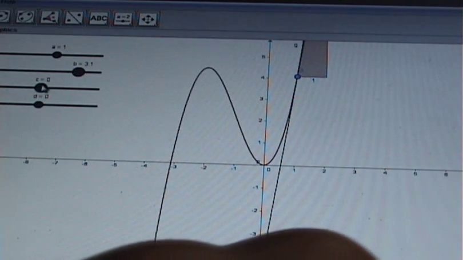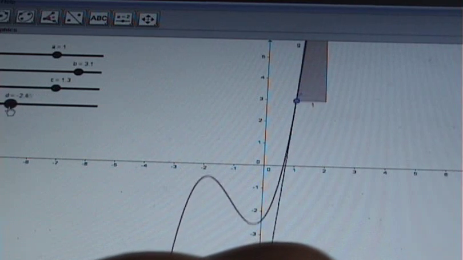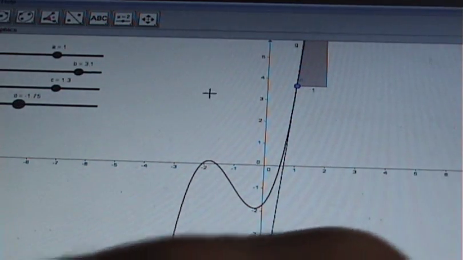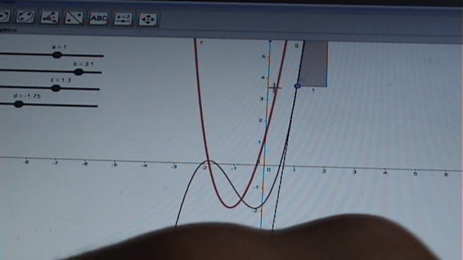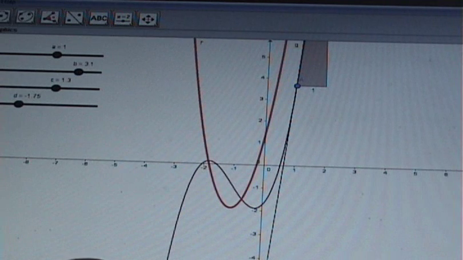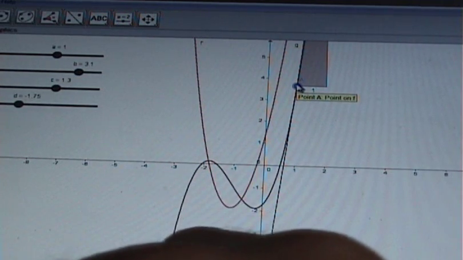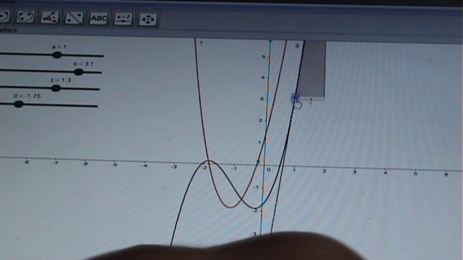Let's go ahead and alter our A, B, C, and D. It's still a cubic function. Now if we graph the derivative, of course our parabola has moved. If I graph point D, currently point D is going to be off, but as I move A it should come onto the screen.